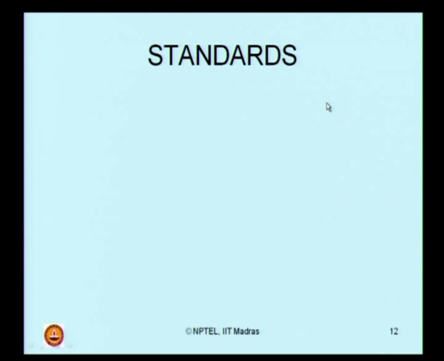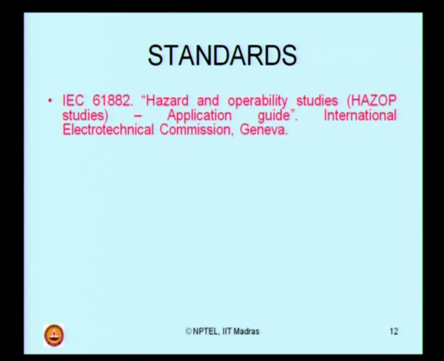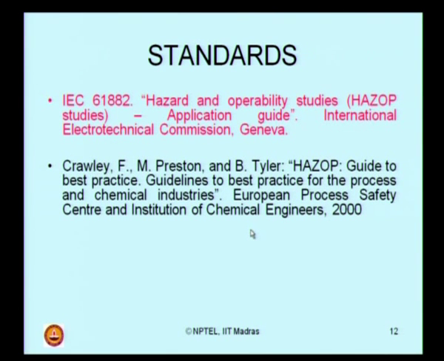There are some standards by which you can check the Hazop report you have prepared. IEC 61882, Hazard and Operability Studies Application Guide, given by the International Electrotechnical Commission, Geneva. You can also refer to Crawley, Preston and Tyler, Hazop Guide of Best Practice, Guidelines to Best Practice for Process and Chemical Industries, published by the European Process Safety Centre and Institution of Chemical Engineers in the year 2000.